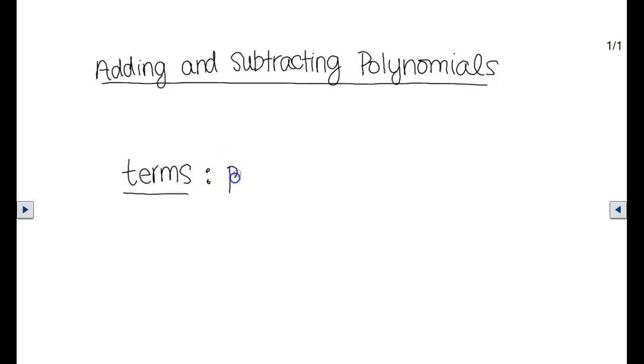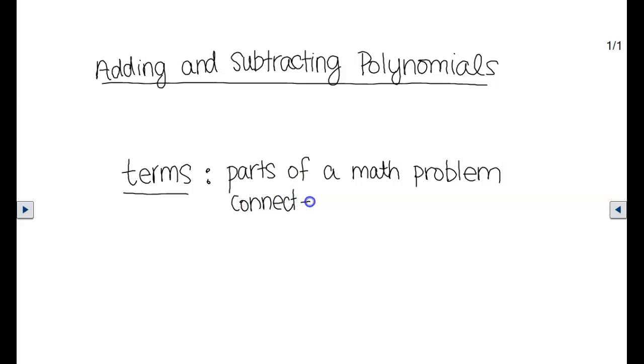The terms are parts of a math problem connected by addition or subtraction. So the parts of a math problem that are connected by addition or subtraction.